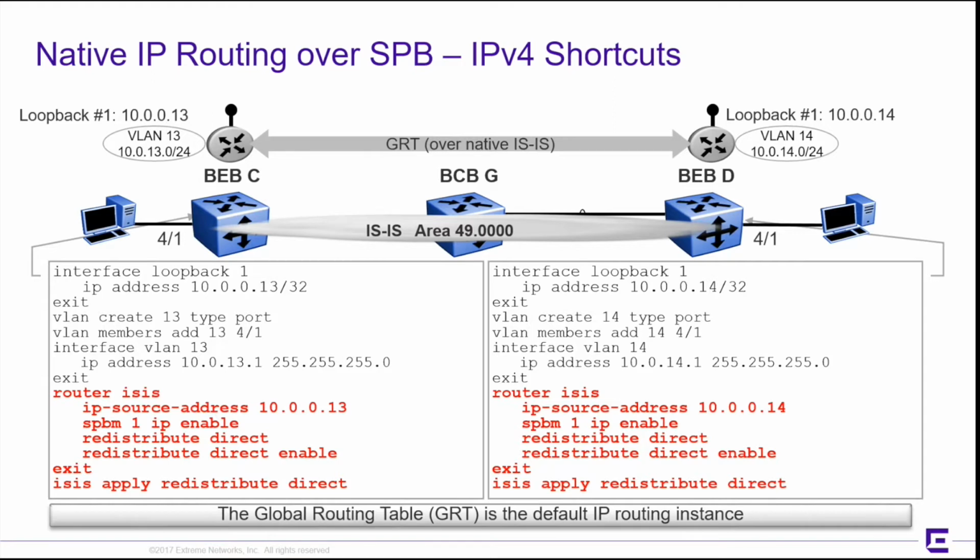You tell it to redistribute direct routes, right? So that's basically any routes, any subnets that are local to that switch, it's going to redistribute into the fabric. We enable the redistribution, and then we simply apply what we've done. And within seconds, you start seeing the global routing table getting populated.